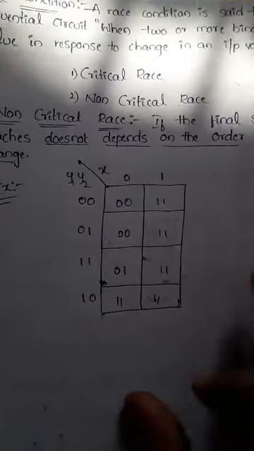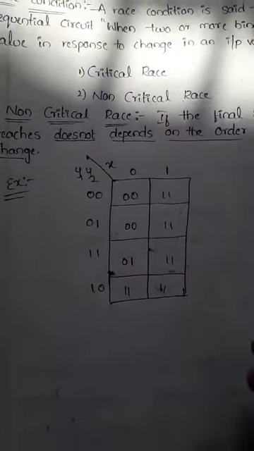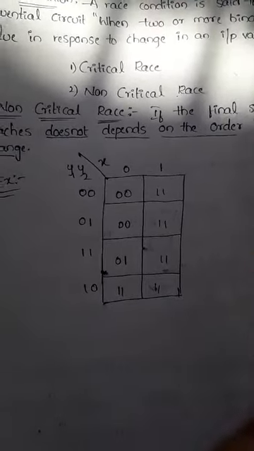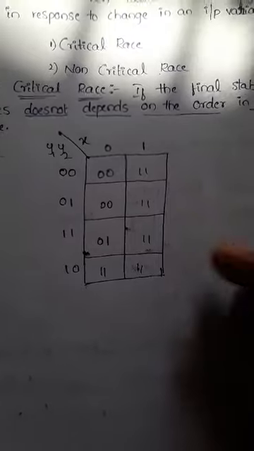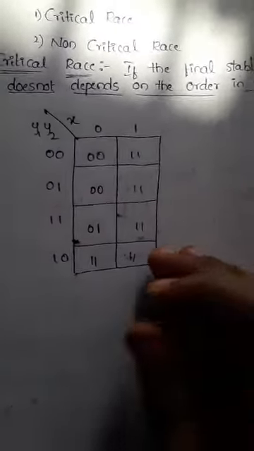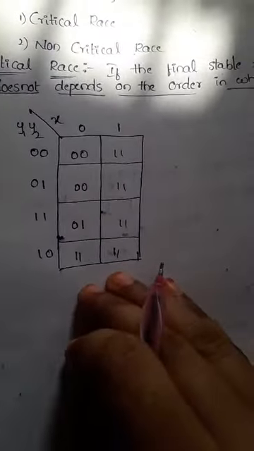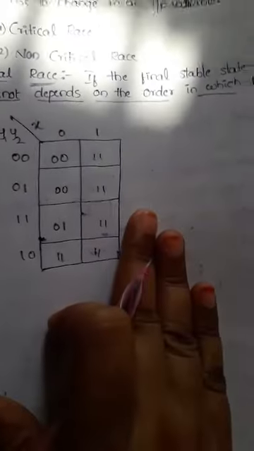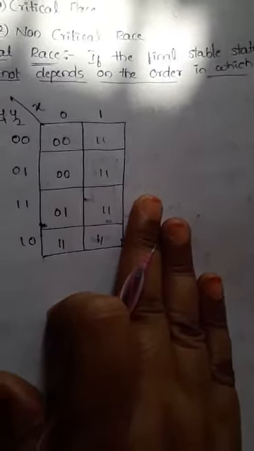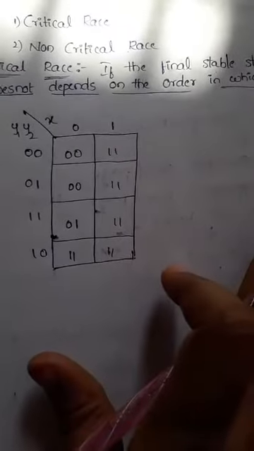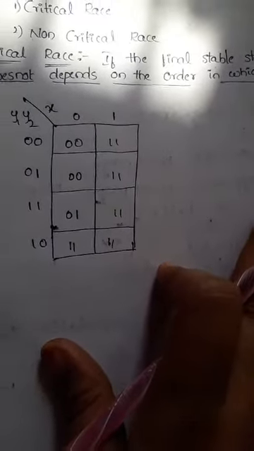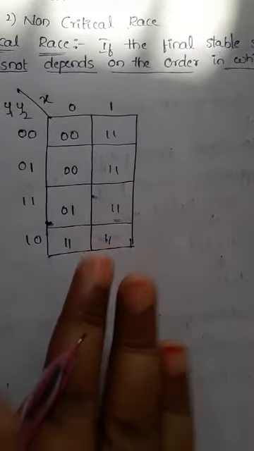Now, if you want to find the non-critical race in whatever transition table we have, first we need to find the stability. First let's see how to get the race condition in an asynchronous sequential circuit: first of all, verify all the stable conditions in the transition table.